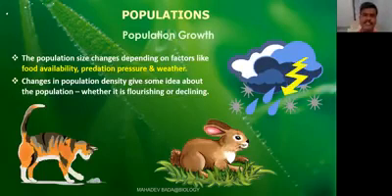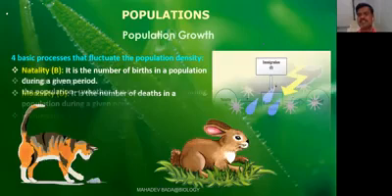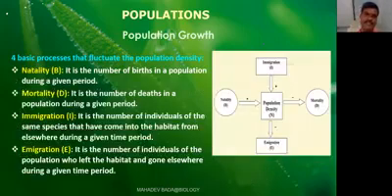Changes in population density give some idea about the population. If there is a change in the population density, it indicates whether the population is flourishing or declining. By that I can understand whether the population is growing or decreasing.